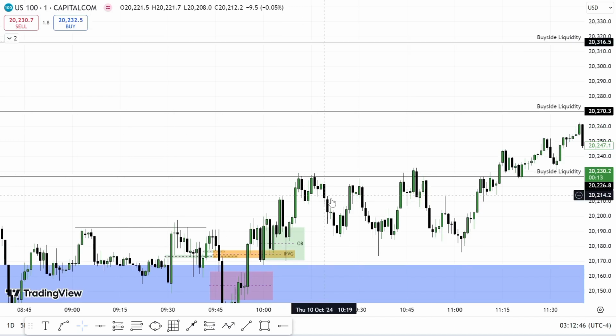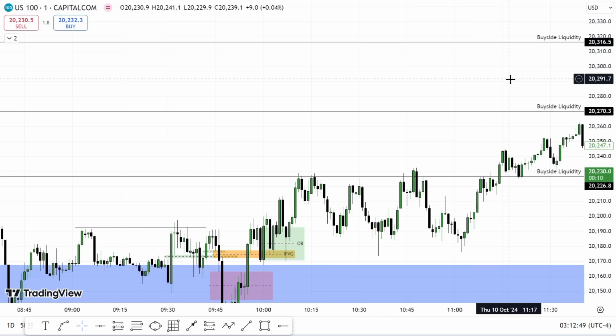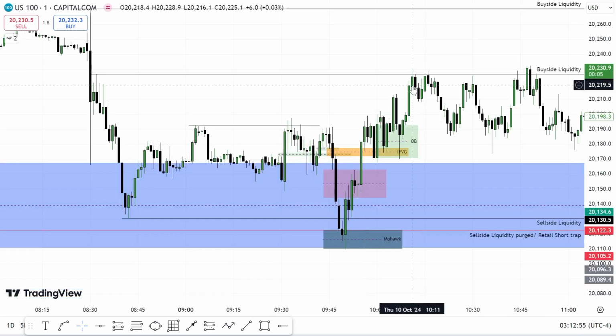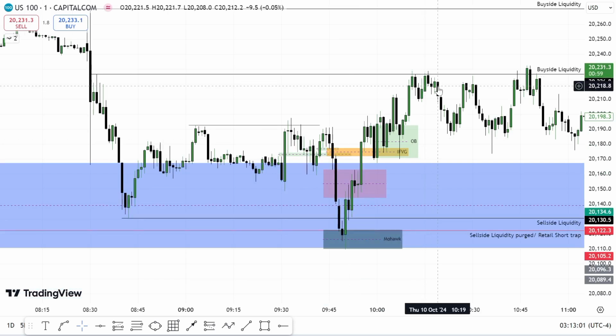So the bias and the trade framework for the buys was built from the higher time frame, except that, I don't want to be buying when it has already taken a buy side liquidity.